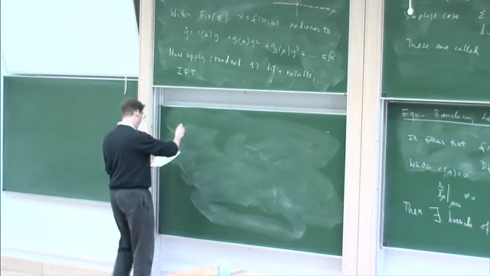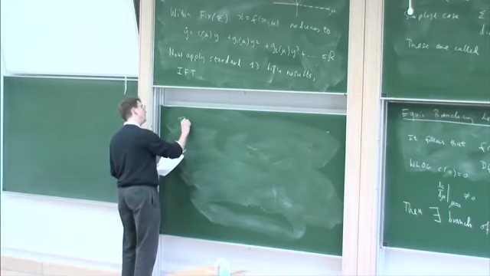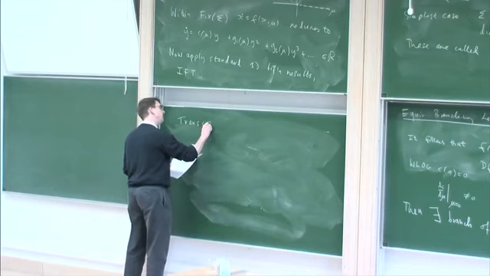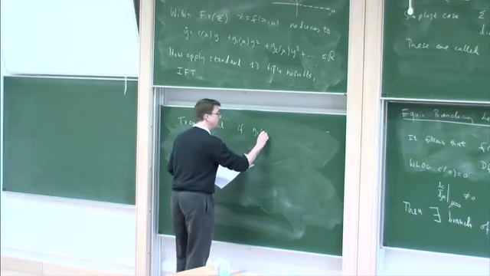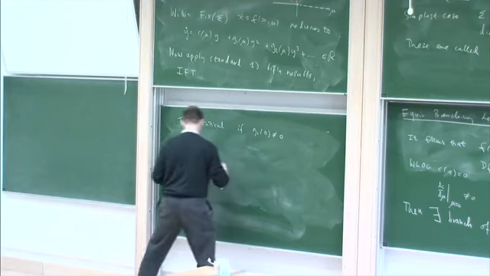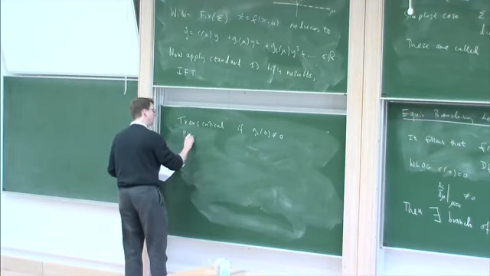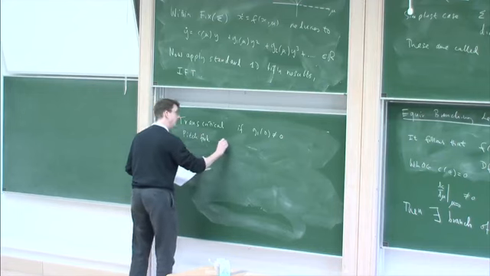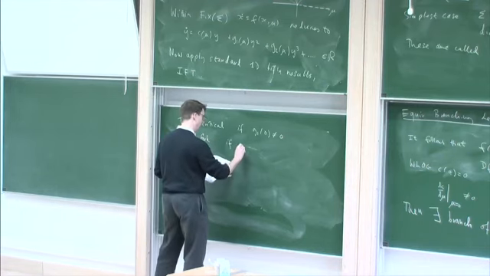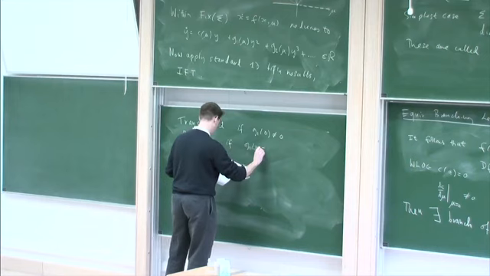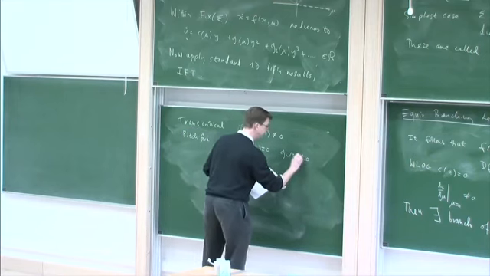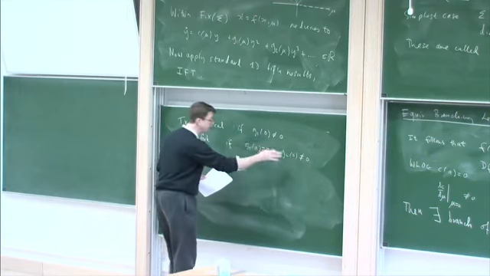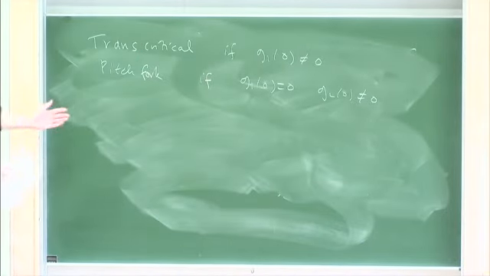I'm not quite in the generic case, but we would expect within this subspace to see something transcritical if G1 of 0 is non-zero, or something that's pitchfork if G1 of 0 is 0, but G2 of 0 is not 0. Okay. And then maybe symmetry might help us here.